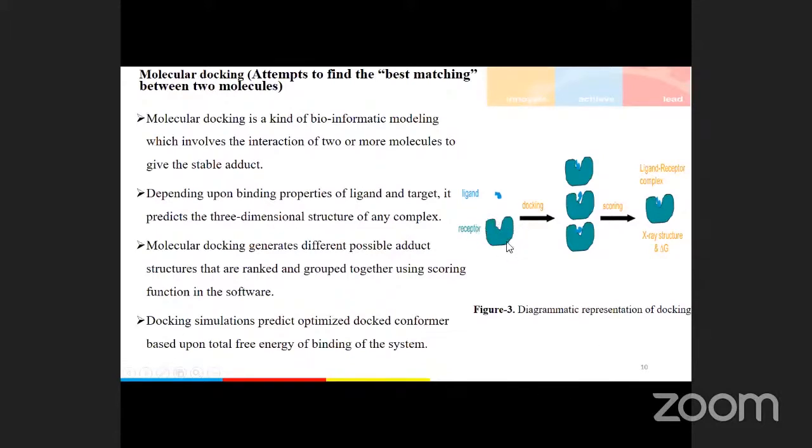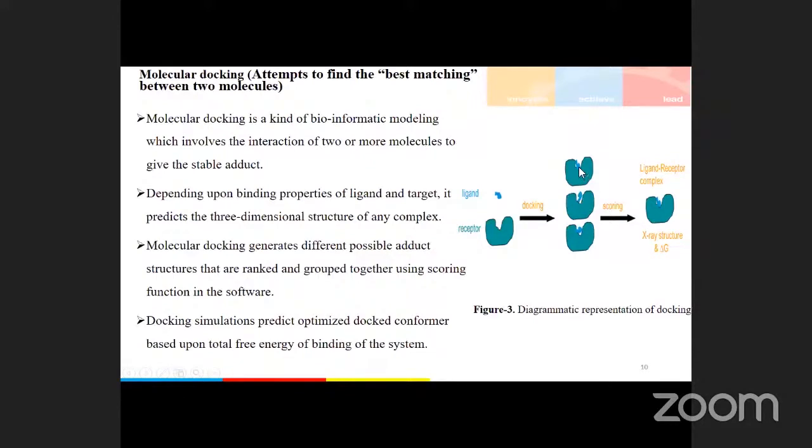So this is our target, either a receptor or protein or enzyme, whatever it may be. And this is our ligand. The ligand will be any small organic molecule or simple peptide or something. By means of the docking process, we are finding out the best match: how this ligand is interacting or binding, or shows a tight complex in the active site of our target.